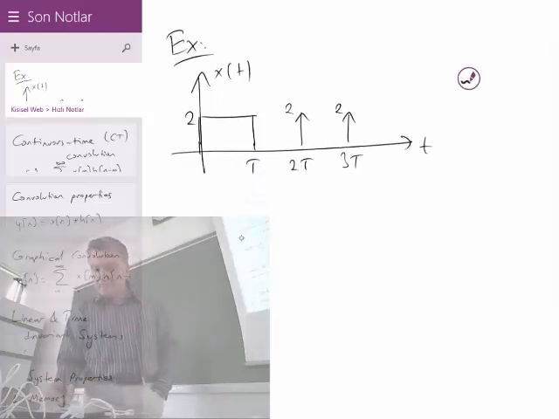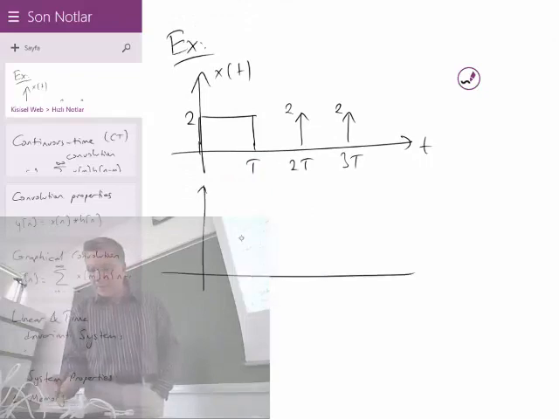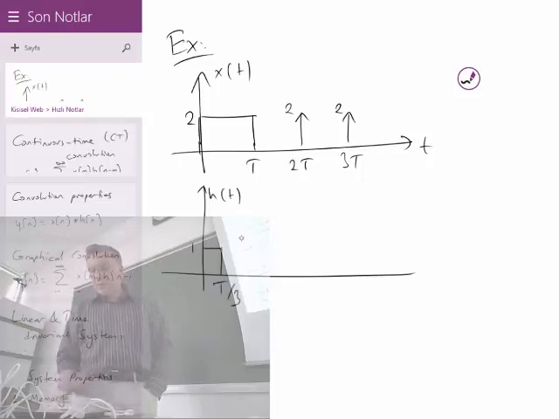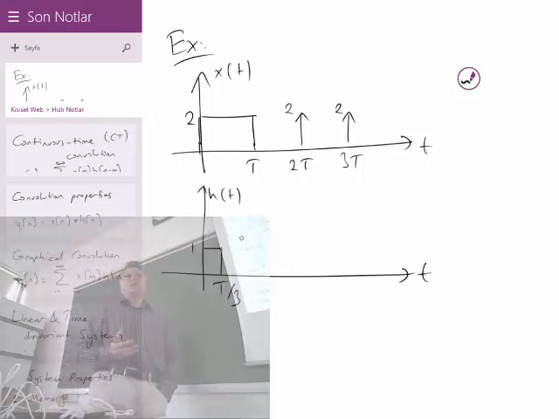And I want you to convolve this with an h of t, which is up to T over 3 with a magnitude of 1 on the time axis. How would you convolve these two? Again, if ever you have an impulse, but that applet is unable to insert an impulse inside.